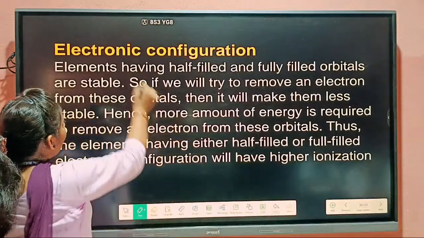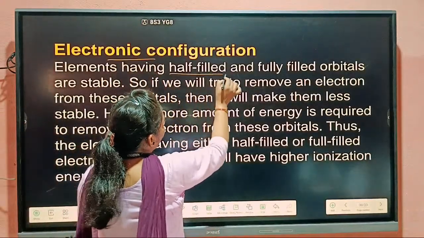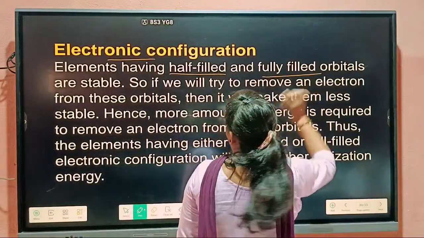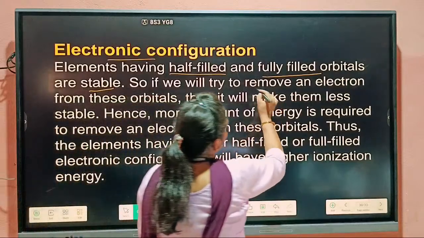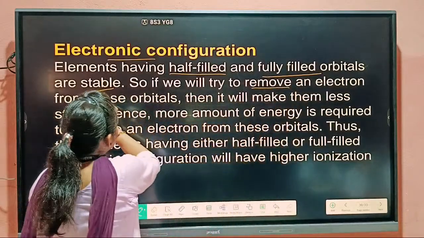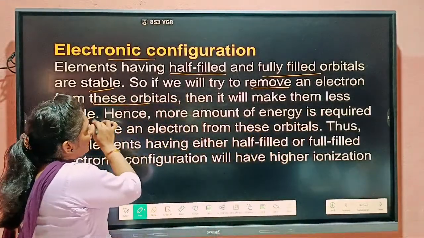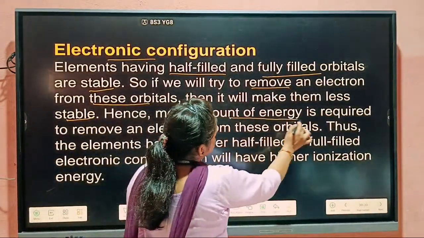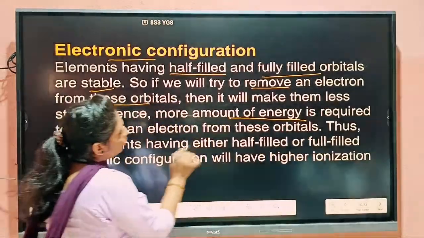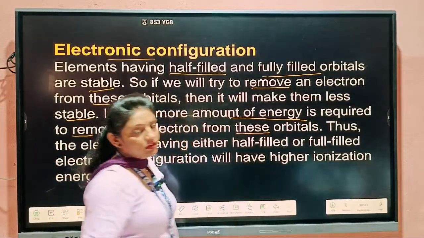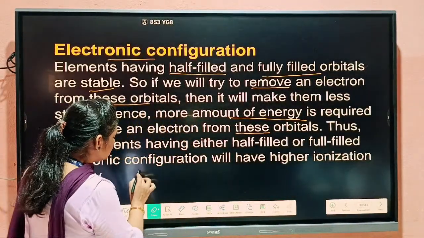Then, electronic configuration. Elements having half-filled and fully filled orbitals are stable. So if we try to remove an electron from these orbitals, it will make them less stable. Hence, more energy is required to remove an electron from these orbitals.